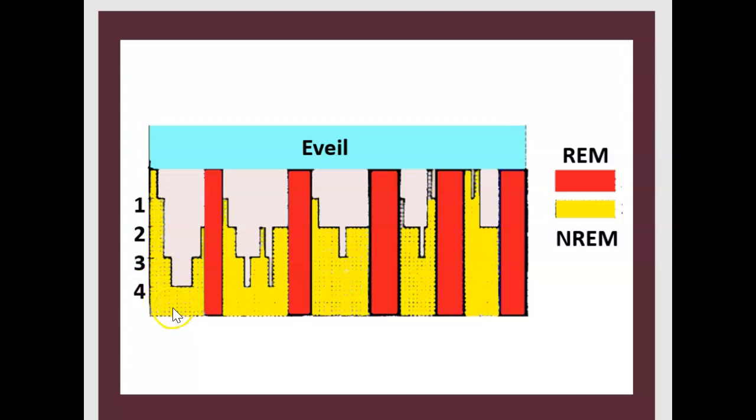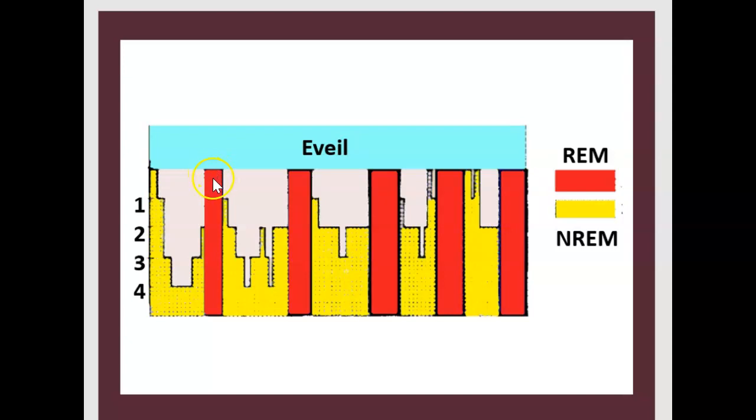This is the deep sleep, and here the sleep is light. And then we go from stage 4 to stage 3 to stage 2, and then we go to our REM. And REM is a light sleep.